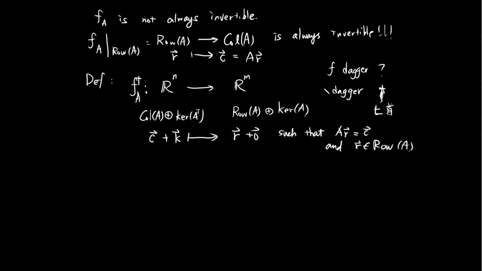So basically, we mentioned that the row space and the column space have a one-to-one correspondence, right? So f will send R to C, f-dagger will send C to R. f will send the kernel to 0. f-dagger will send the left kernel to 0. So that's pretty much it. Let's copy the picture again. This is f.